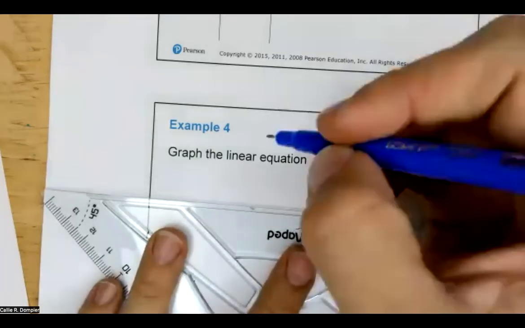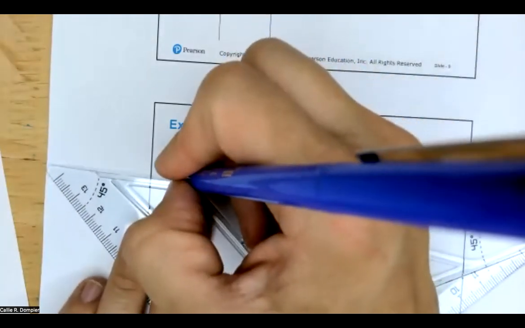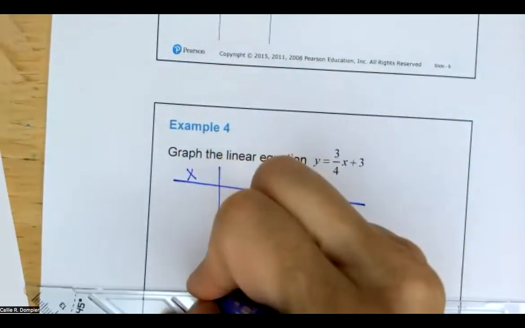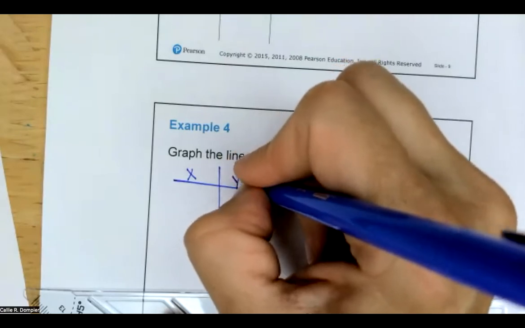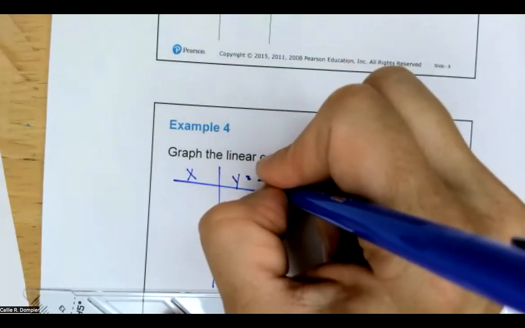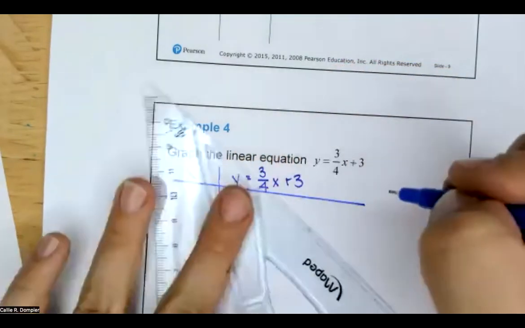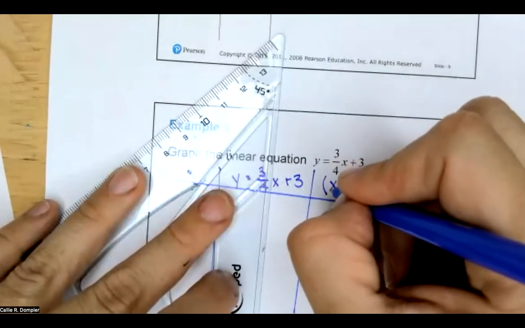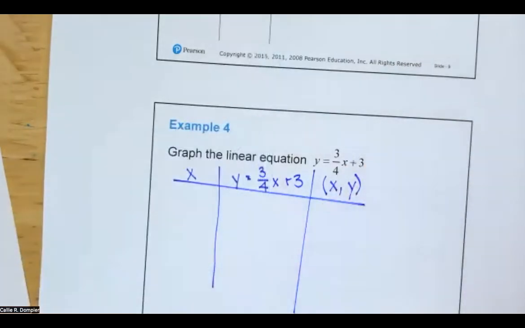Good. If you want to graph it by hand, you can make a table of values: x, your equation, y equals 3/4 x plus 3, and then your point, your ordered pair.